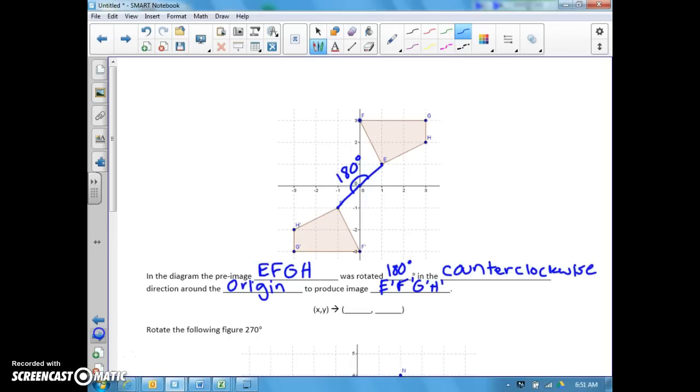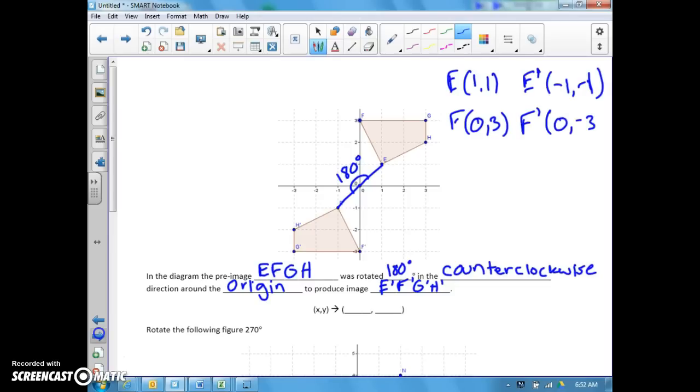Now let's take a look at the points and see if we can figure out our rule. E is at (1, 1). E prime is at (-1, -1). F is at (0, 3). F prime is at (0, -3).